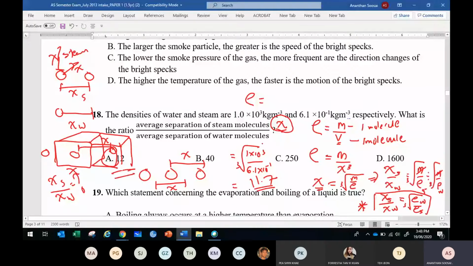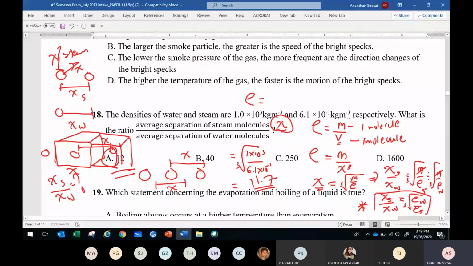Any part you don't understand here? The volume occupied by one molecule is actually the spacing cubed. That's the important point you need to link. So the volume, we take it as x cube.